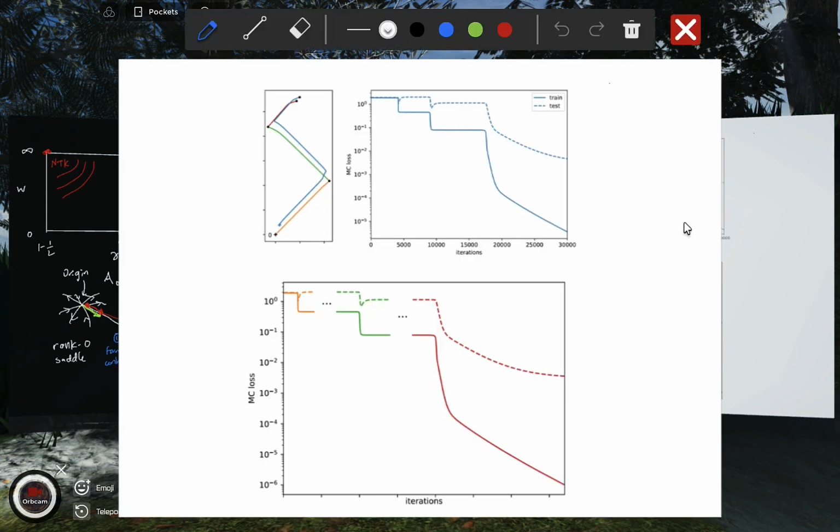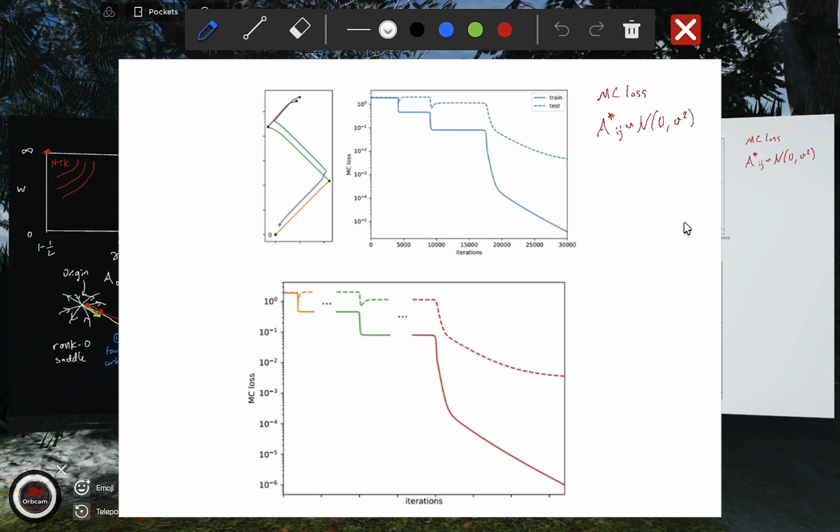Let's focus first on this one, the top right. So again, on the x-axis is the number of iterations, and on the y-axis is this MC loss. This is a slightly different learning setup. You have this true matrix, and you sample the components from some Gaussian. I don't remember what sigma is, I'm sure it's 1.